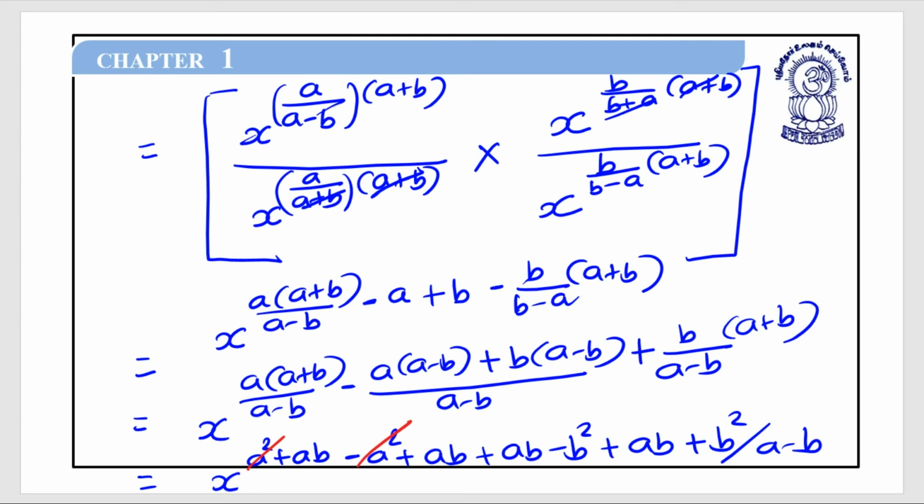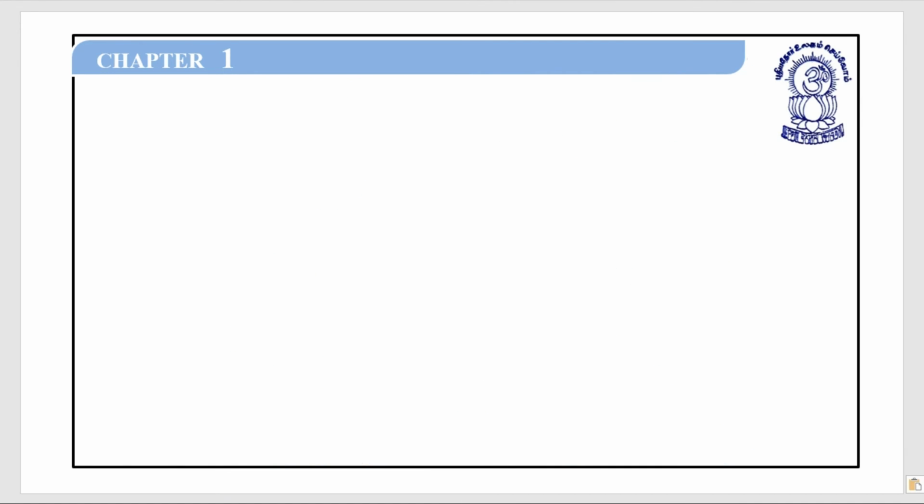So a square minus a square, minus b square plus b square cancel. So ab plus ab, 2ab plus 3ab plus 4ab upon a minus b. So x raised to 4ab upon a minus b.